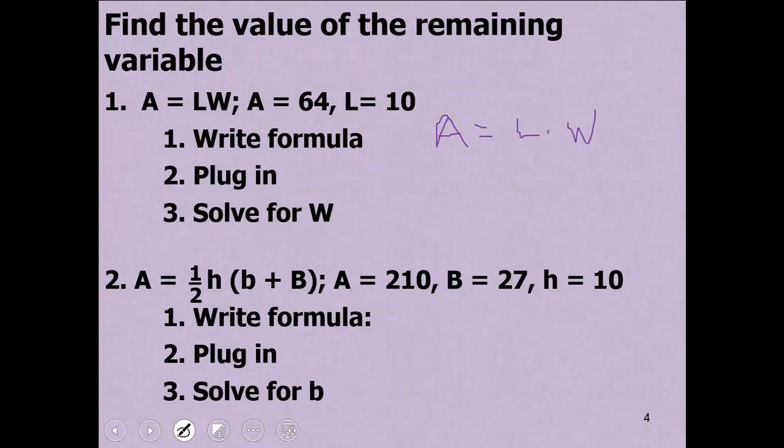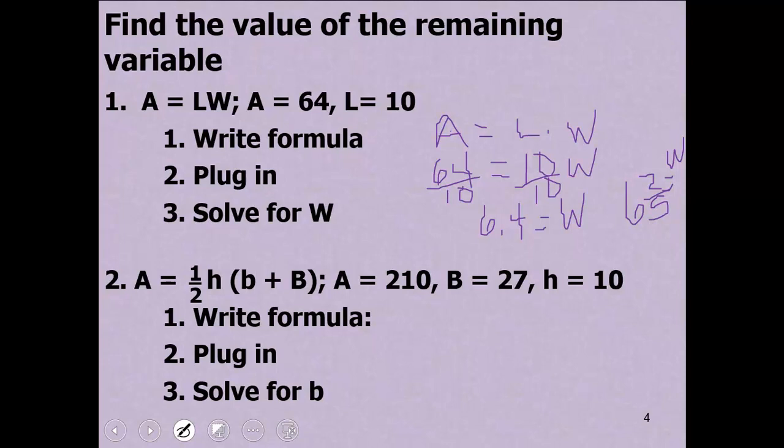So A is 64, so I'm going to plug in 64 for A. And then I'm going to plug in 10 for W. Now I'm solving for W. So that means I have to undo this multiplication by 10, which is division by 10. And I get 6.4 is equal to W. You could also write it as a mixed number: 6 2/5 is equal to W.